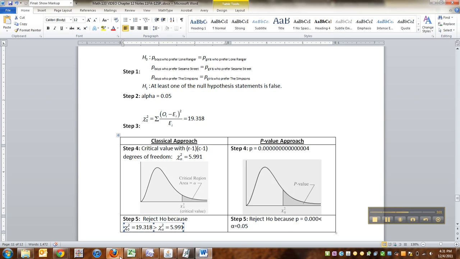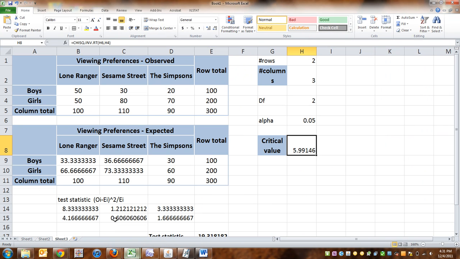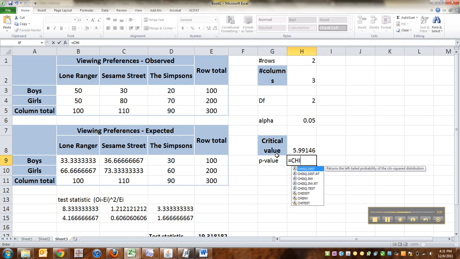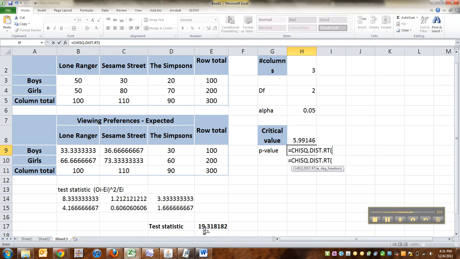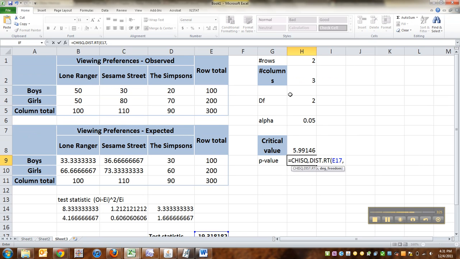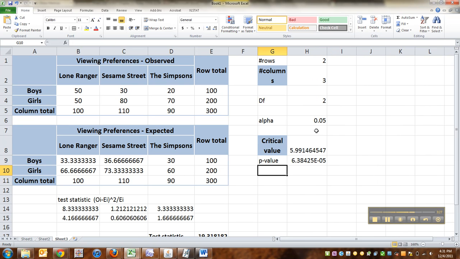All right, what about the p-value method? To find the p-value, you do equals CHIDIST, or you can do CHISQ.DIST.RT, which is my version. And then our test statistic, 19.318, comma degrees of freedom, which we've still found is 2. There we go.